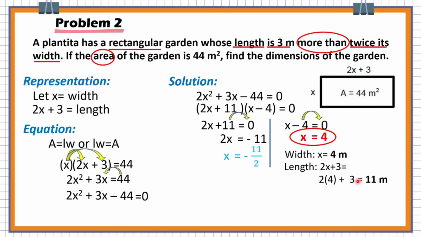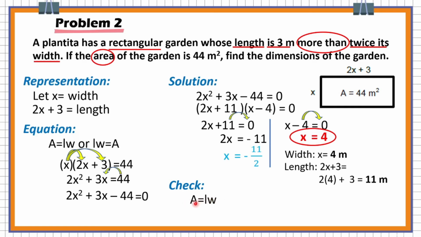So, tingnan natin kung lalabas ba si 44 square meter as our area kung ito ay check natin. Kasi nga, ang ating formula is A is equal to length times width. So, let us check. So, the formula again for our rectangular area is length times width.